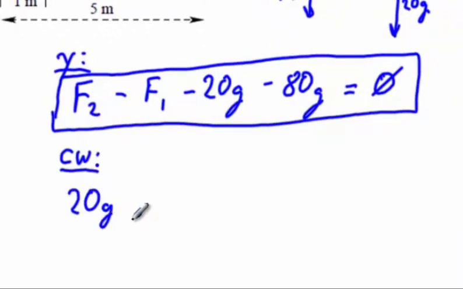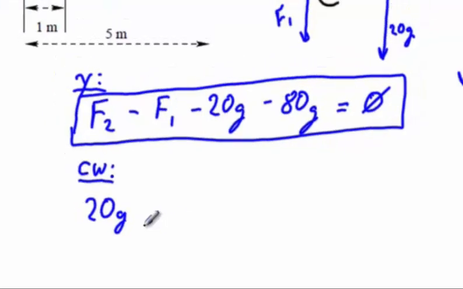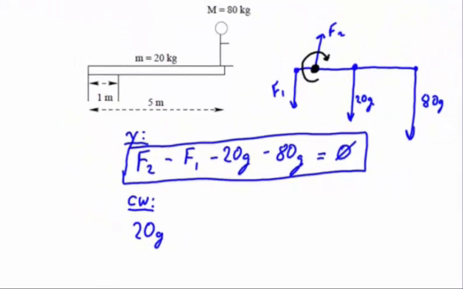20g represents a force. It is not a torque. Torque is force times radius. Radius is the distance between where the force is applied and where the pivot is located. Going back to our original figure, we see that the distance from the left-hand edge to force 2 is 1 meter.